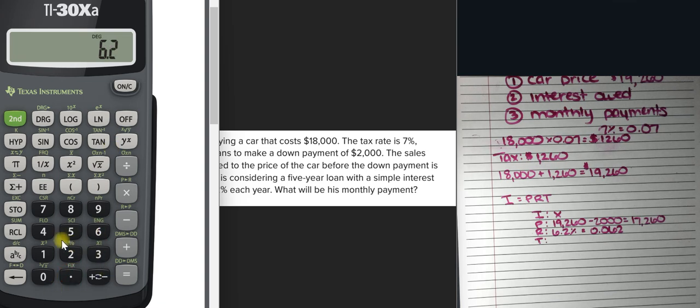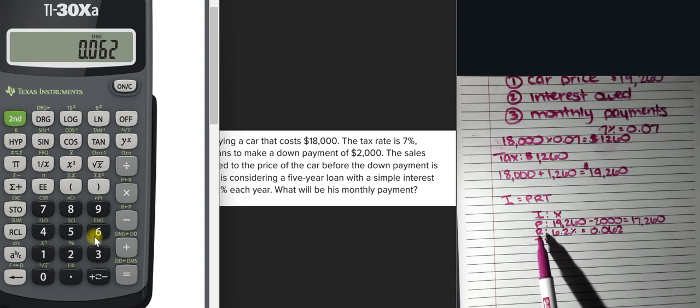Punch in your numbers, hit the second button, and then the number 2. Anytime you hit that second button, it activates the functions above the key you're pressing. In this case, the number 2 has the percent sign on top of it, so it converts it into its decimal equivalent, the same thing we have here.